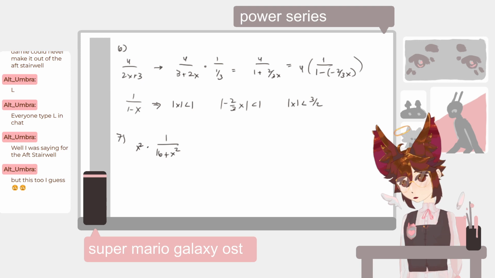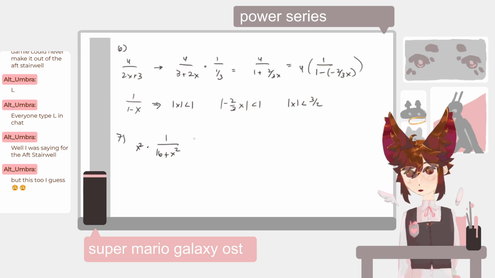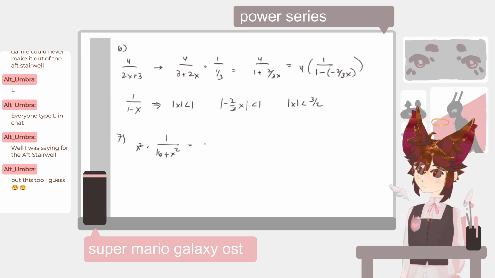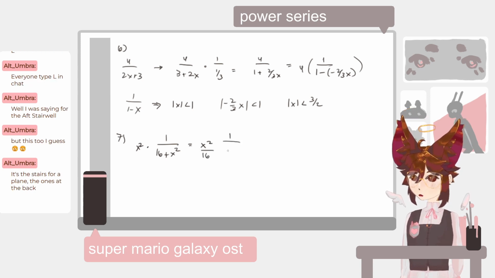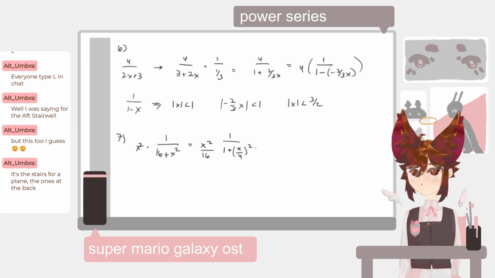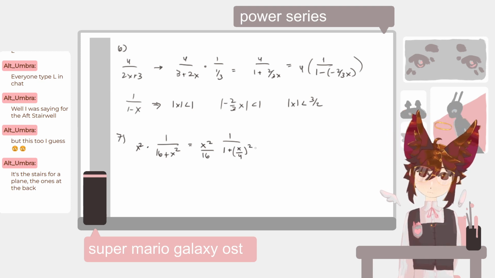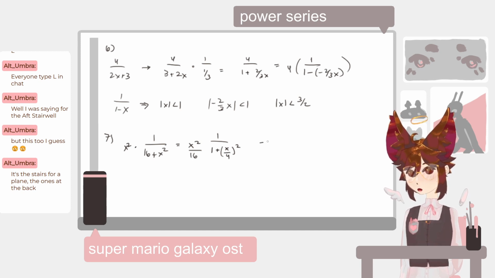I think if I take a 16 out, okay, wait a second. If we do x squared over 16 times 1 plus x over 4 squared, then our x is negative x over 4 squared.